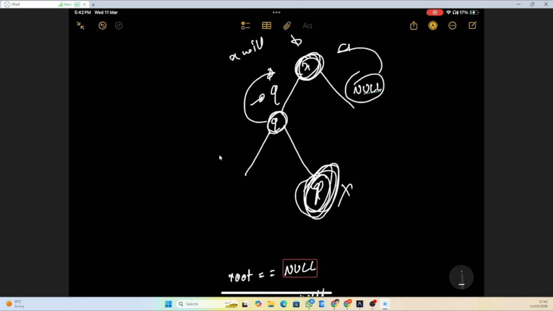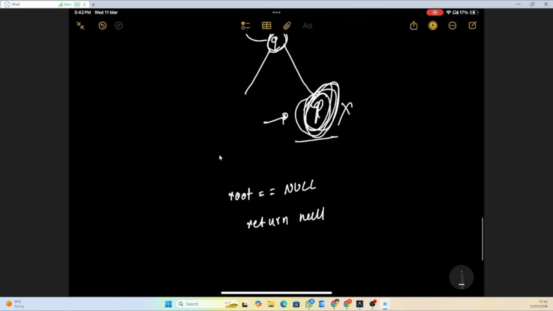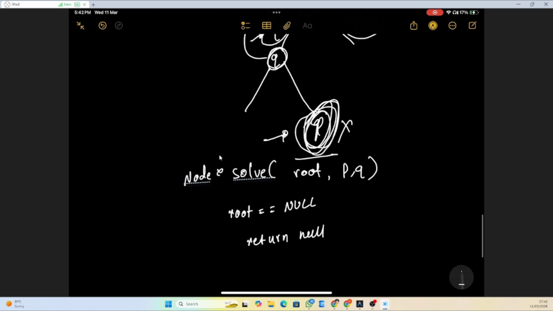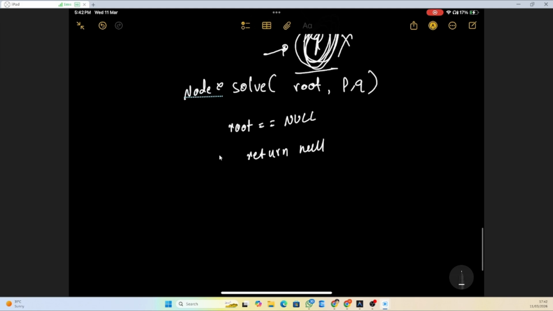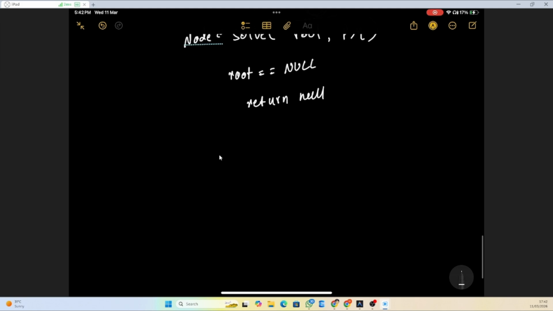We are finding Q and P, meaning the addresses of these nodes. So this function returns a node star, solve with P, Q and root. If the root is null, you return null. Now it's clear.